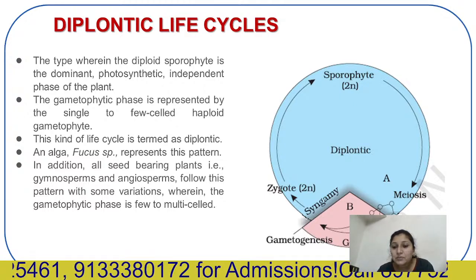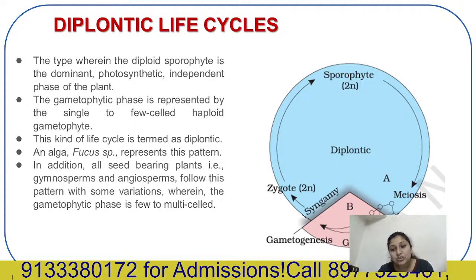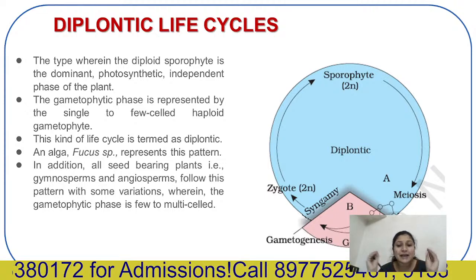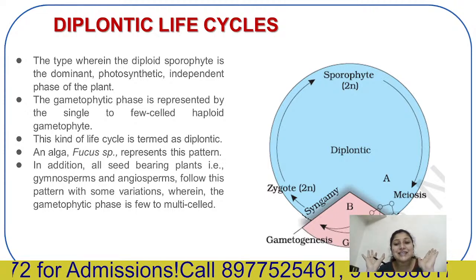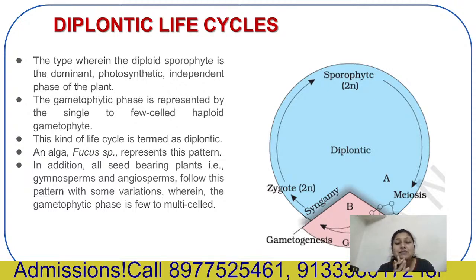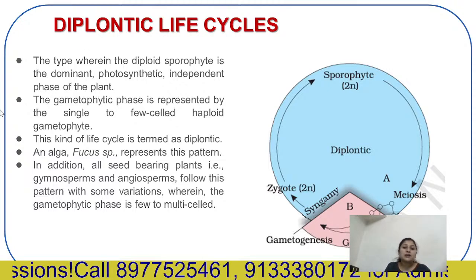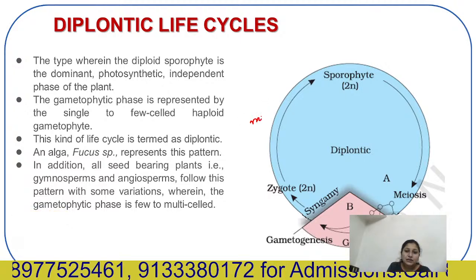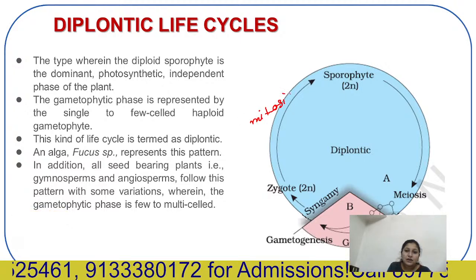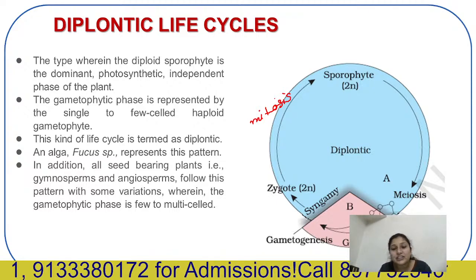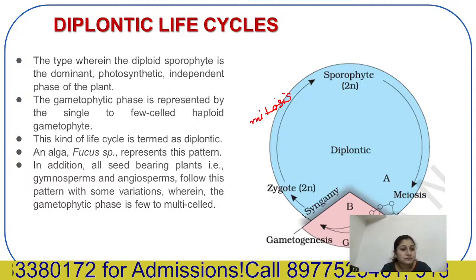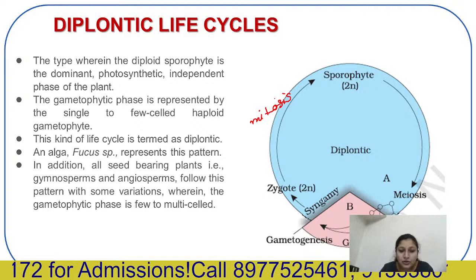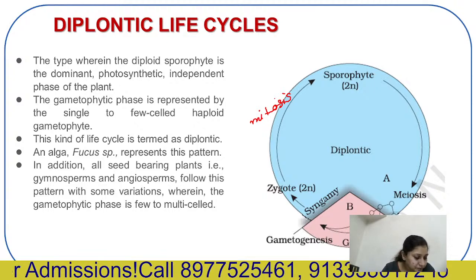These gametes immediately fuse in syngamy to give rise to a zygote. The zygote will undergo mitosis to give rise to a multicellular sporophytic body. So this is called the diplontic life cycle.